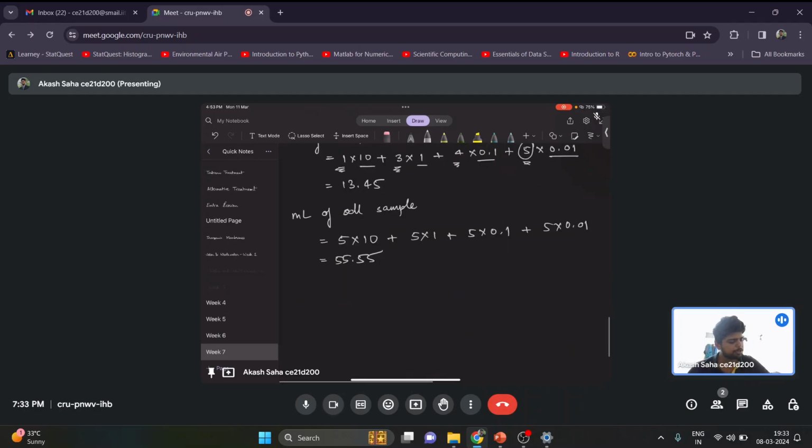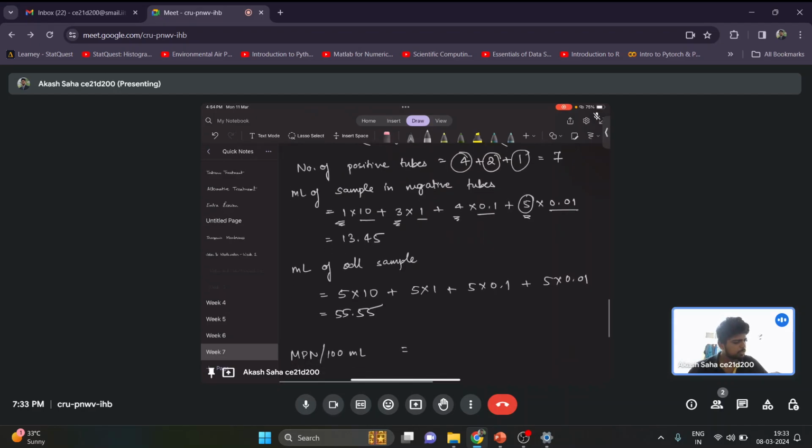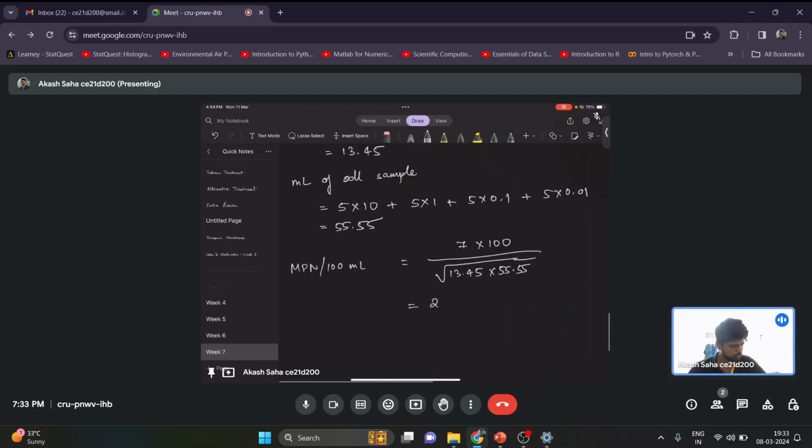So we simply substitute, and given 5, 5, that is the previous, we get the answer as 26. So the answer for this question is 26.